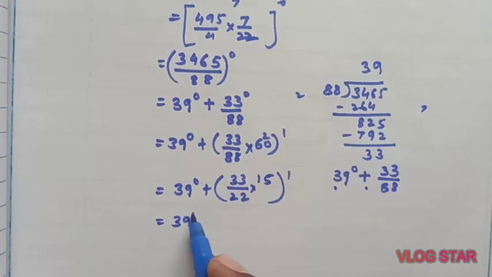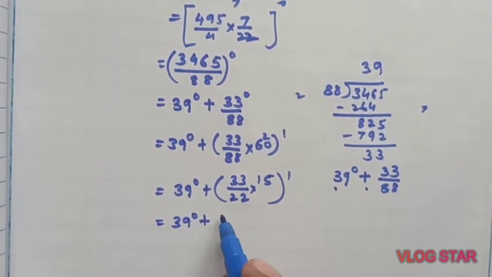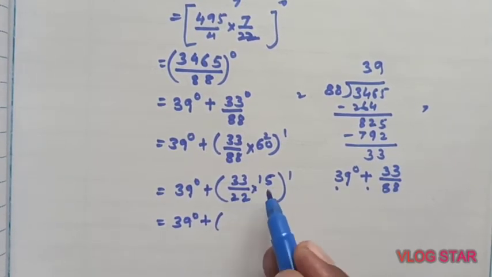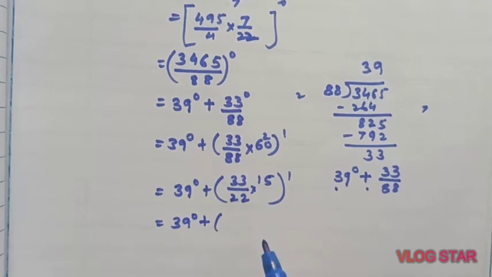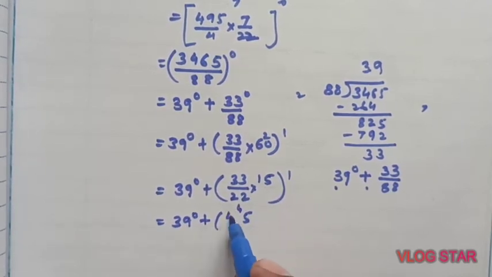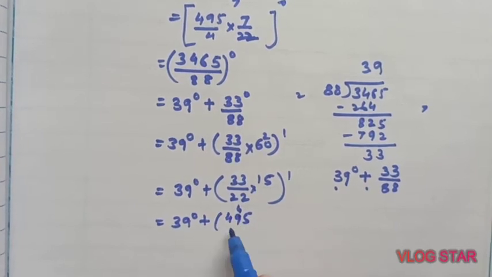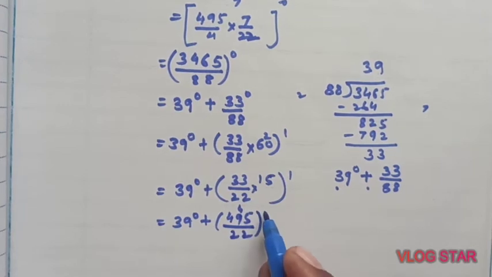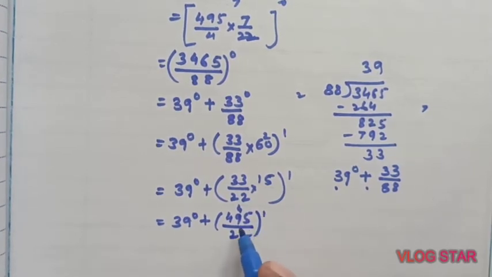So 39 degree plus how much minute? Further reduction is not possible, so we will multiply. 15 3s are 45, plus 4, 49 upon 22. But this is again in fraction. I don't want fraction.